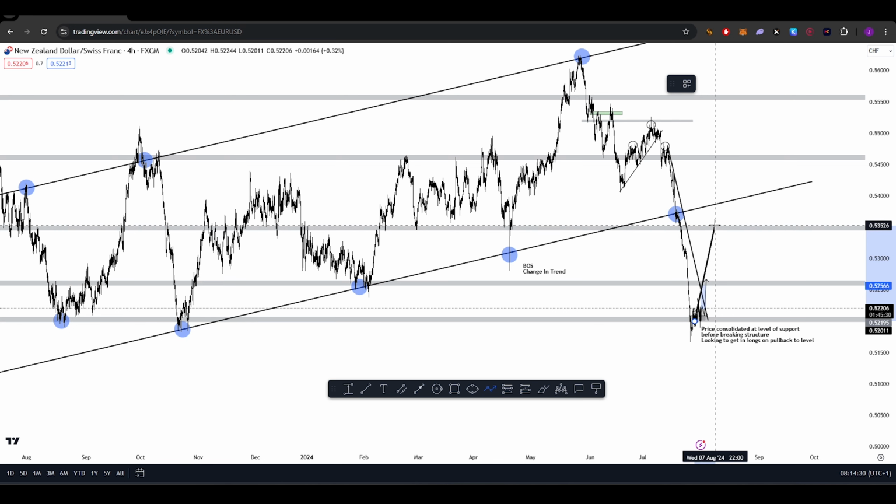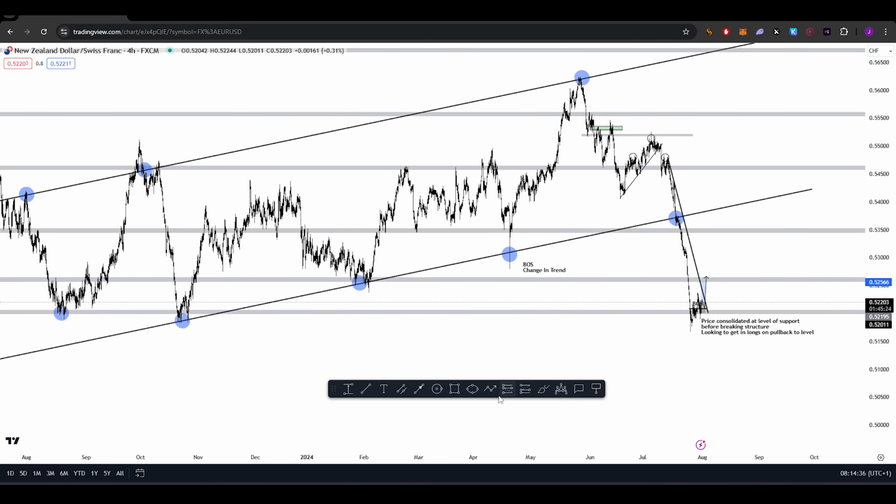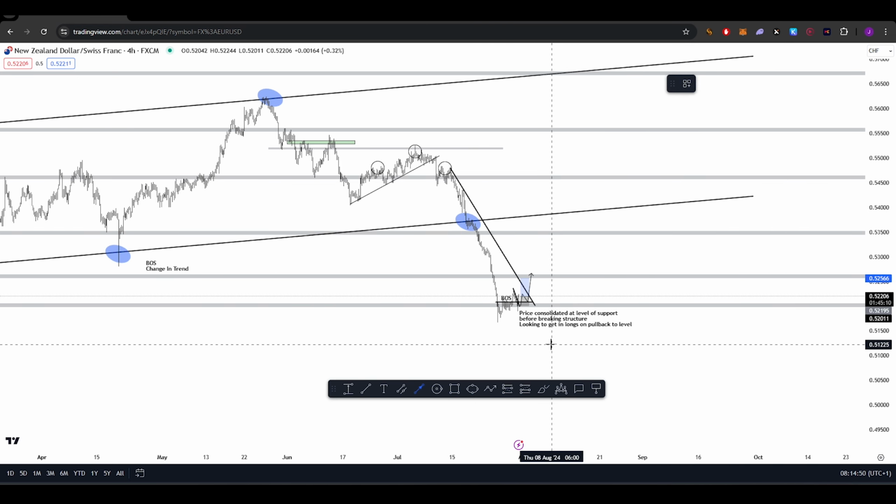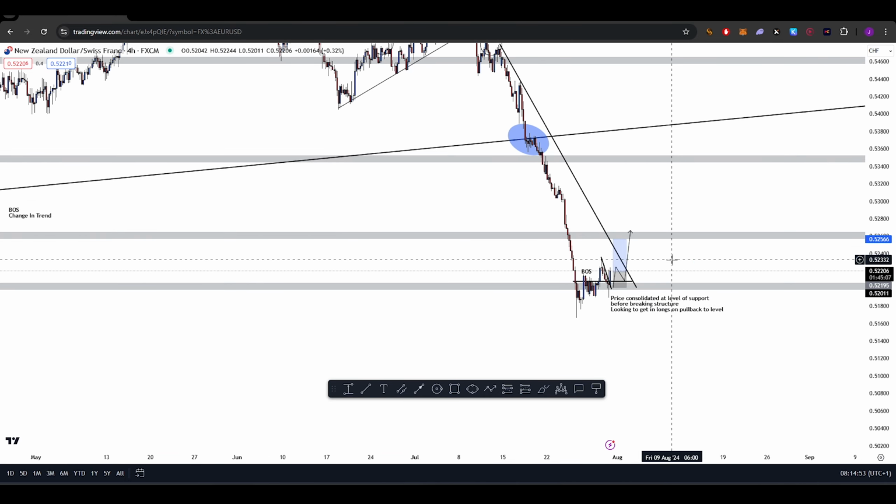We could have a pullback before a continuation potentially lower. Obviously banking on the trend continuing lower, but for the time being here, we potentially could get a push higher first. And another reason is because we're at this big level of support. So that was the reasoning behind the trade, thinking we could get a bullish move.